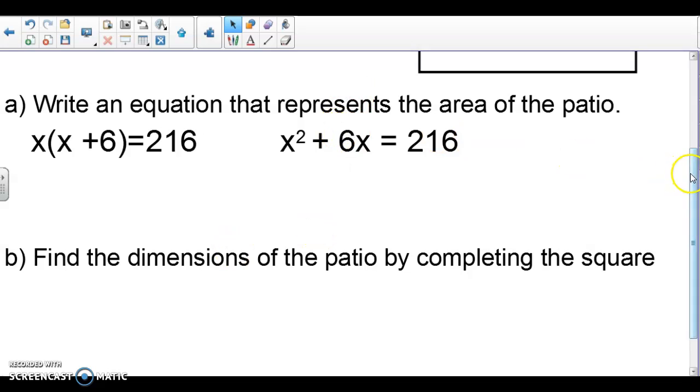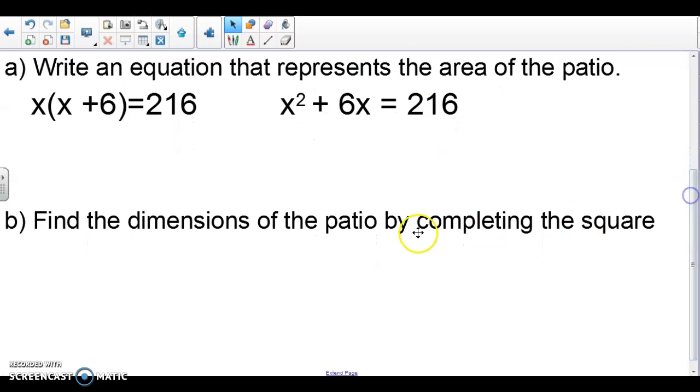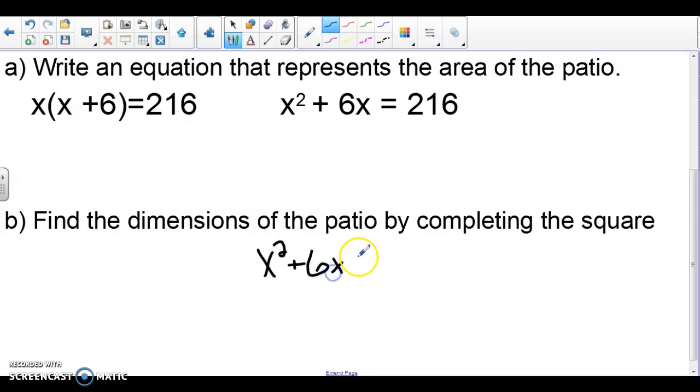So we're going to take half of b, square it, and add it to both sides. So half of 6 would be 3, and 3 squared would be 9. So I'm going to add 9 to both sides. If you're confused how we got here, I took half of b, which gave me 3.